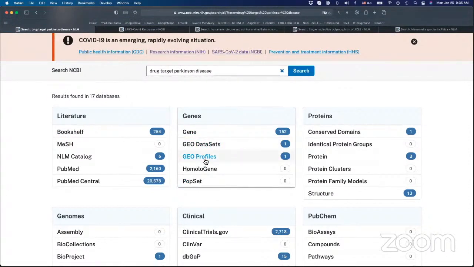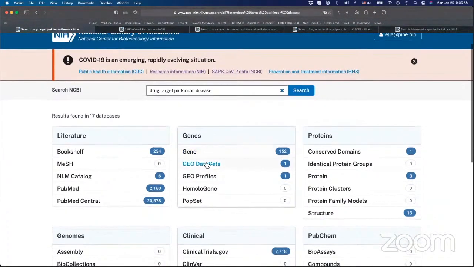Does anyone know what GEO stands for? Gene expression omnibus. Okay, thank you, Abir. That's in fact correct. So we have here a number of gene expression data. So we don't have a lot, but we have a few data sets.